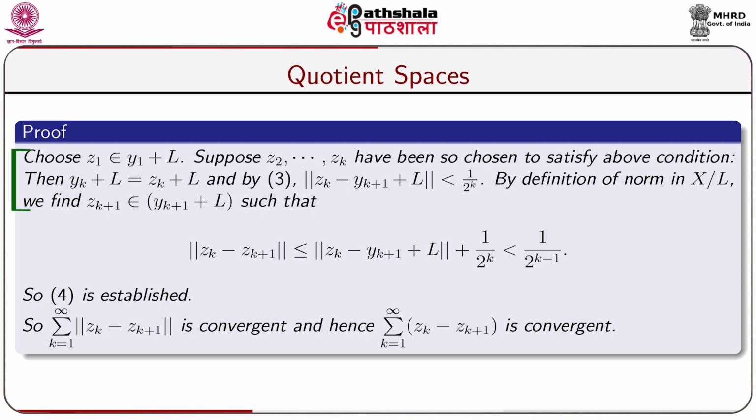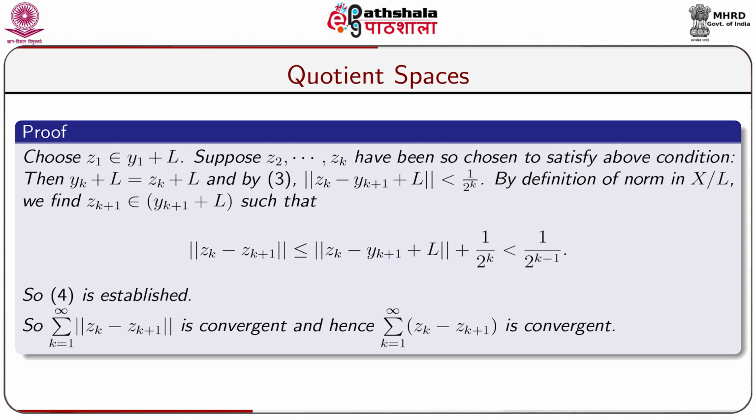Suppose z2, z3, ..., zk have been so chosen to satisfy the above condition that has already been stated. Then yk + L is equal to zk + L, and by the previous property we see that the norm of zk − (yk+1 + L) is strictly less than 1 by 2 to the power k.